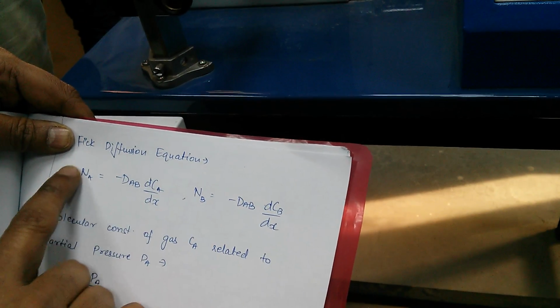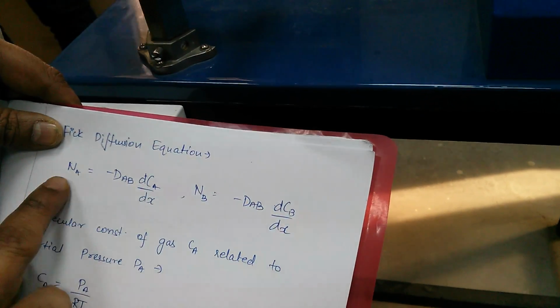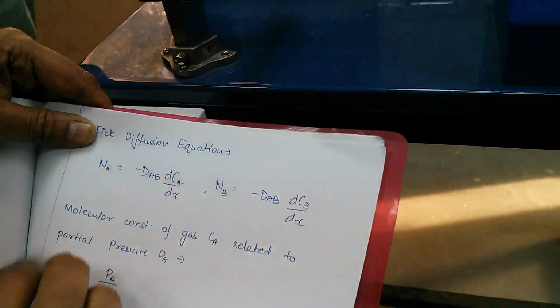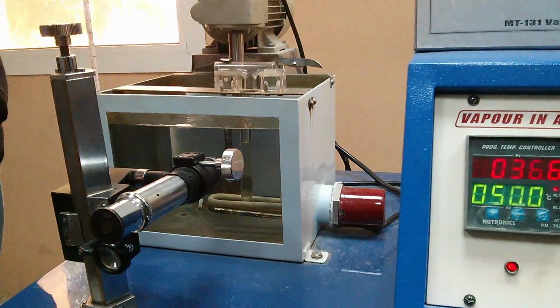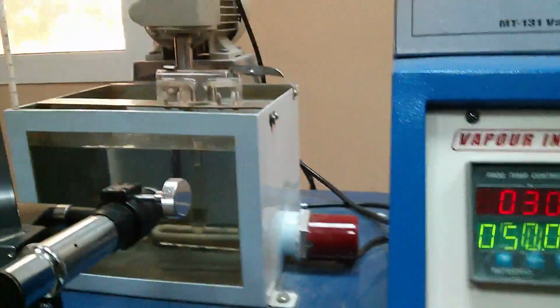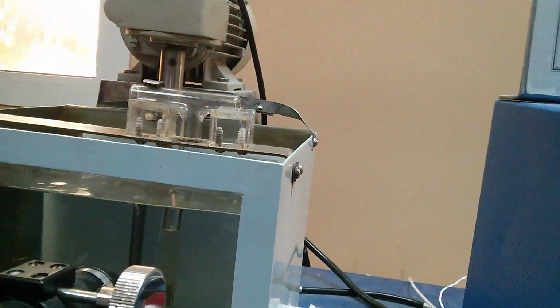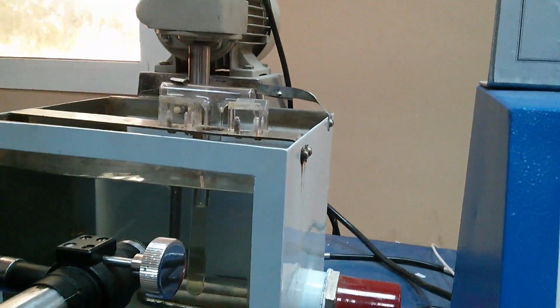Here, Na is the rate of diffusion of component A into component B. In this experiment, component A is acetone. We fill the acetone in the test tube and want to measure the rate at which it diffuses into atmospheric air.